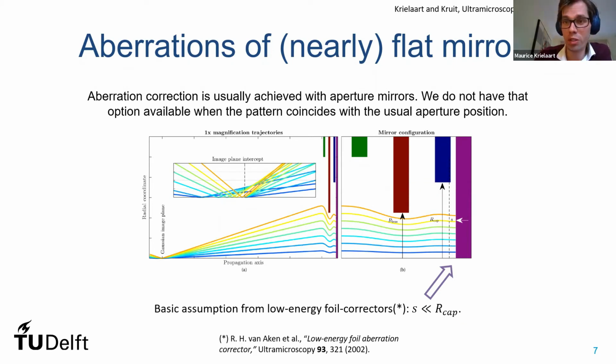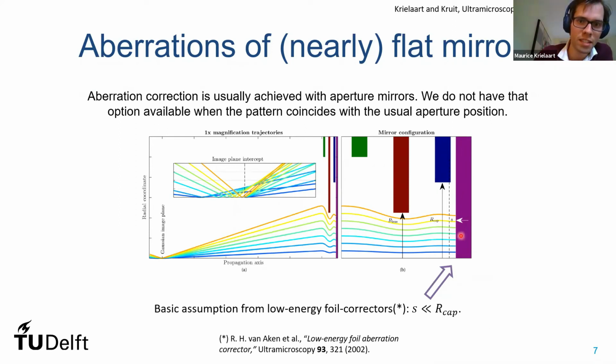Because when we take an analogy to another electron optical device here, the low energy foil aberration corrector, that's actually a transmission-based equivalent, you may almost say, to this idea, where they have a very basic assumption saying, well, let's have the distance between your mirror, or for a foil corrector, it's almost a mirror, it's maybe plus 1 volt maybe.